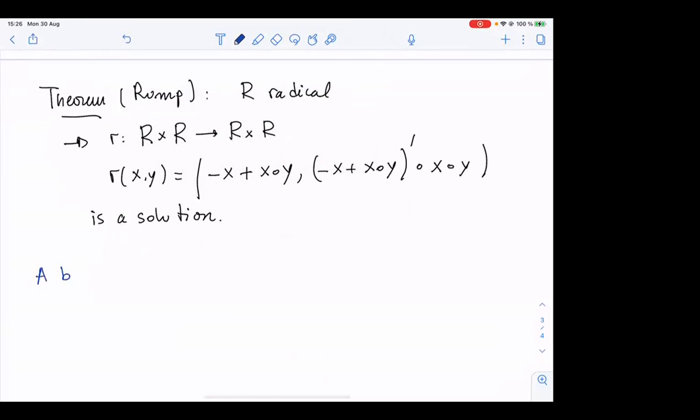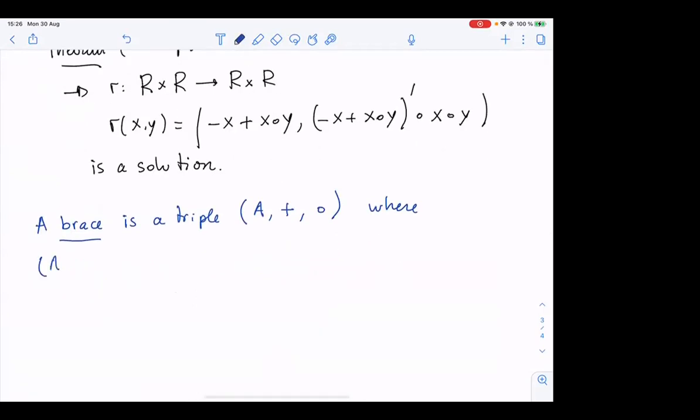So a brace is a triple. Say that you have A, then you have a plus, and then you have a circle, where the plus and the circle are binary operations on A, and this pair is an abelian group. This pair is a group.